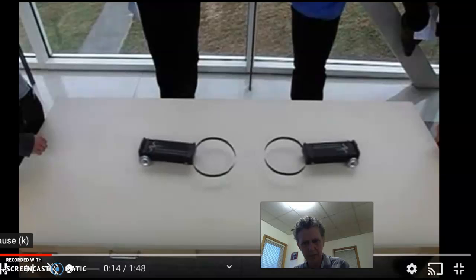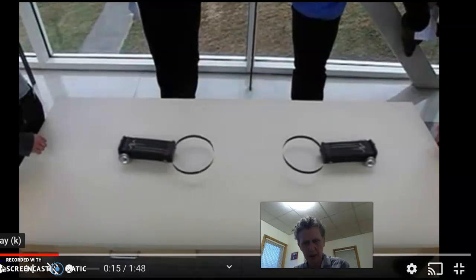Boom. Because they hit each other with an equal and opposite force, the cart on the left sends force through the cart on the right, and the cart on the right sends an equal and opposite force back to the cart on the left, and they move apart with an equal speed, but in the opposite directions than they were traveling at the beginning.